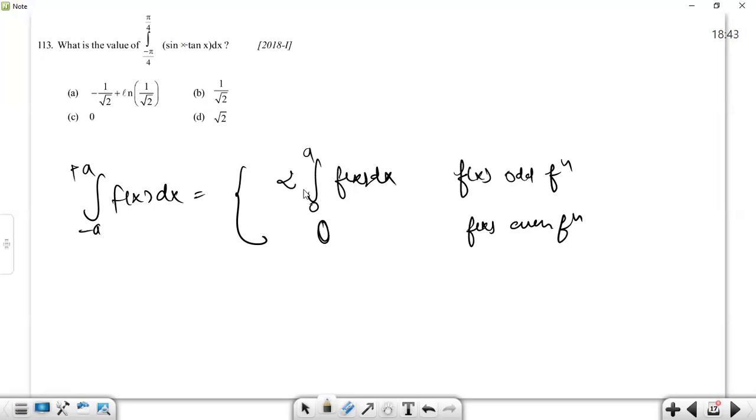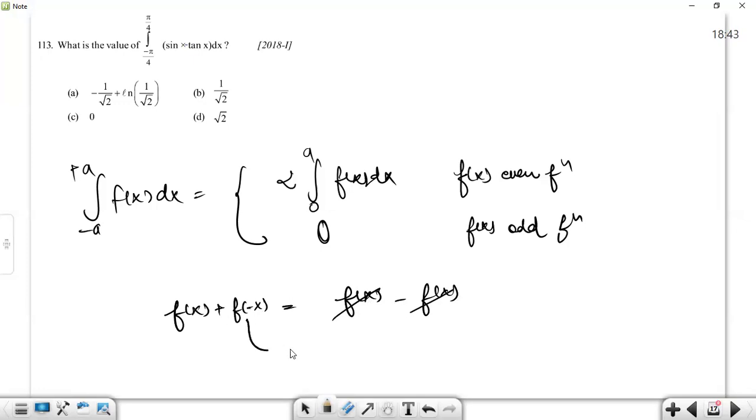I've written it wrong, not intentionally, of course, by mistake. For even functions, this is for odd functions, because for odd functions, when we solve it, they cancel each other and we write it as f of x minus f of x. For an odd function, f of minus x becomes minus f of x. That's why it is cancelling, and that's why it becomes 0.